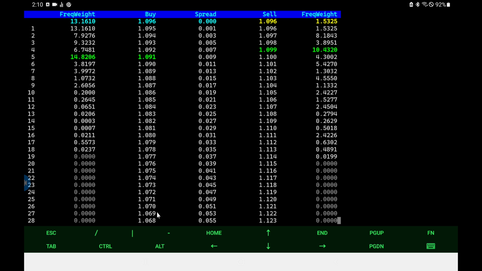So this shows you the struggle between the bulls and the bears on a very micro level within the order book itself, where you see how weight and the dynamics of buying and selling play together to give you a much broader and bigger picture of the order book.